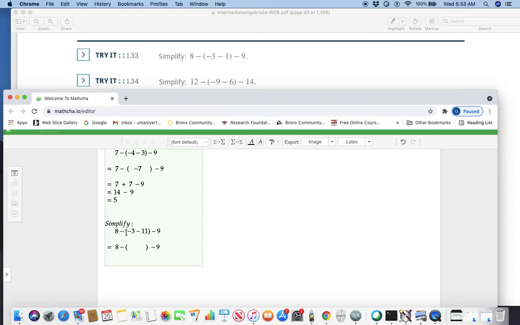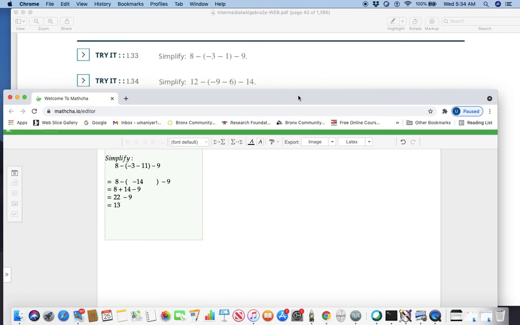So they are both negative, so your answer is going to be more negative. Negative 14. Now, negative followed by a negative is a positive. Plus minus, you go from left to right. 8 plus 14 is 22 minus 9. 22 minus 9 is a 13.